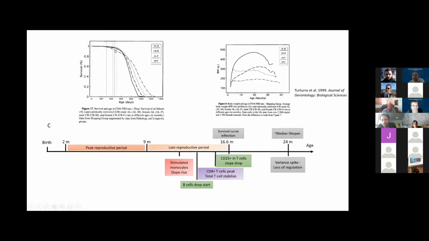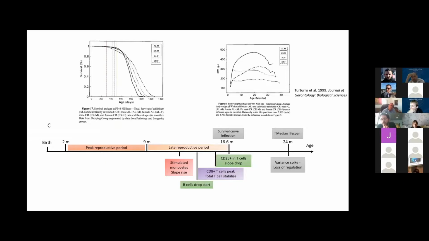I think what this means is there's a point of change in hematopoiesis where population frequencies in the blood change dramatically, and that happens before the drop in survival starts during aging.